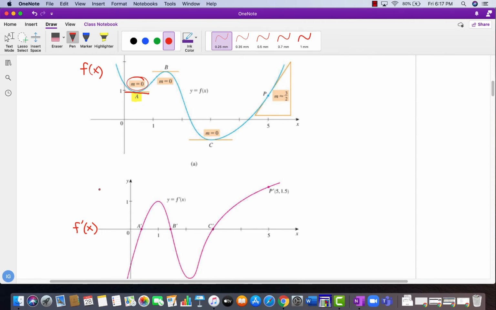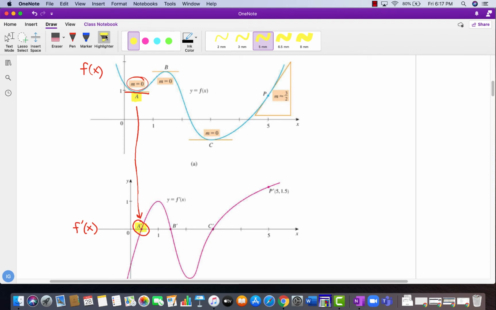Now if we go on to our f prime of x graph, our derivative, I'm going to try to draw an arrow here. Look at A prime right here. What is the y value at this point? Is 0, right? So the slope of the graph is the y value of your derivative graph, okay?